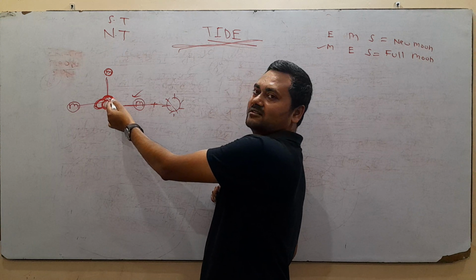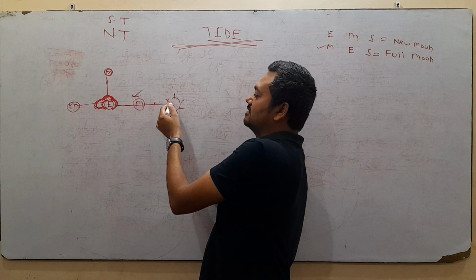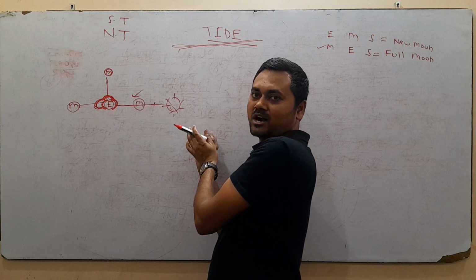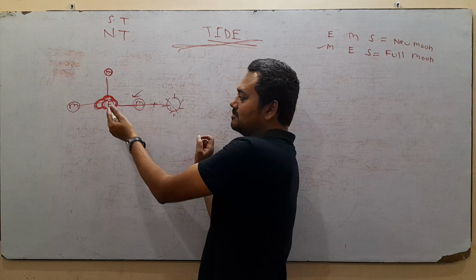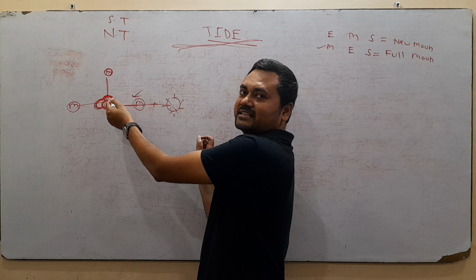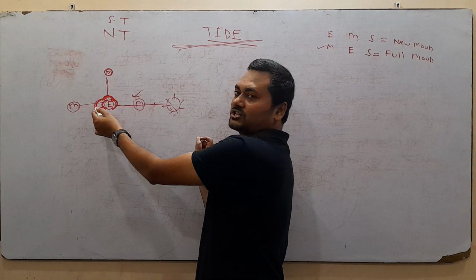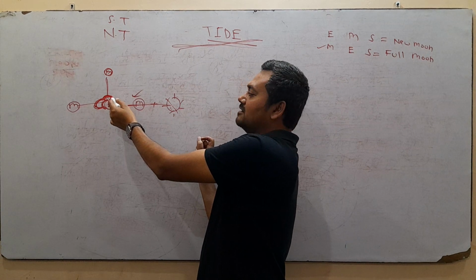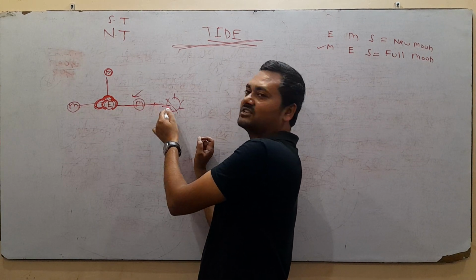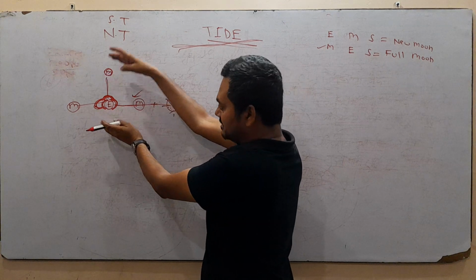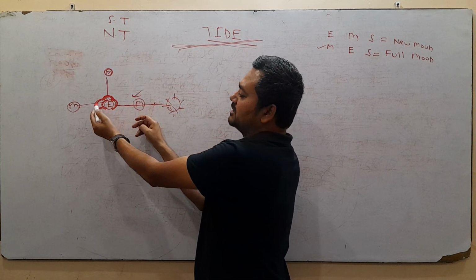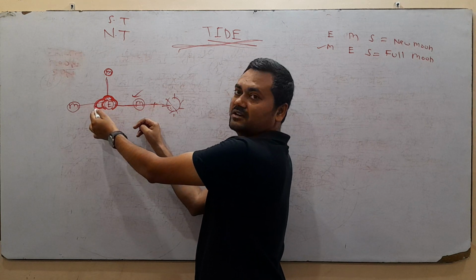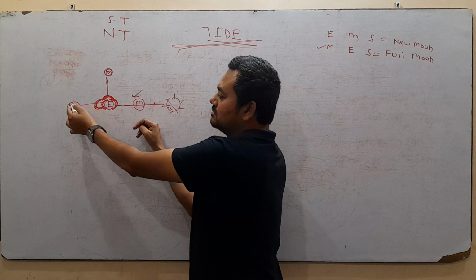This bulging, since the sun is located here, so the sun was pulling the water, and because the position of the bulging here, that's why in comparison to this position, it was easy to pull the water by the sun. That's why this bulging is comparatively less as compared to this bulging, as it is just opposite of the sun and the moon is already there.